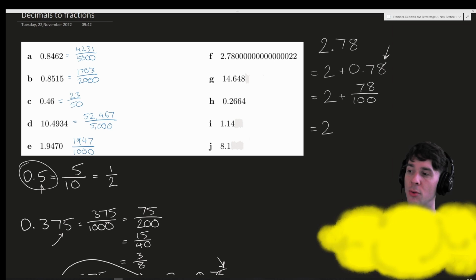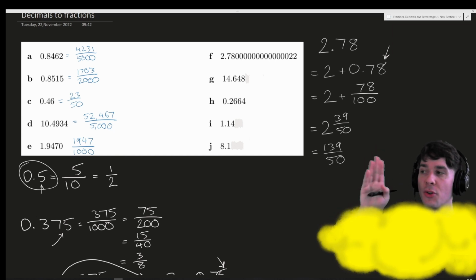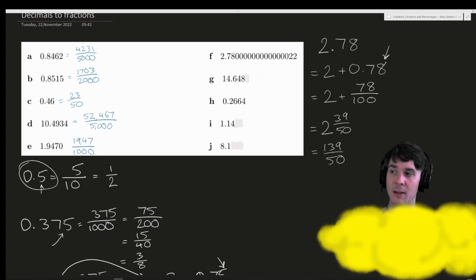It's going to become 2 and 39 over 50. If we wanted to write that as an improper fraction, we would add on to the numerator of 39, 2 times 50. So we would get 139 over 50. So this is the final answer if we were doing 2.78.